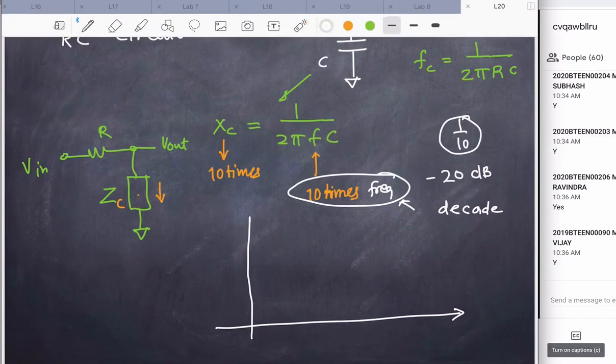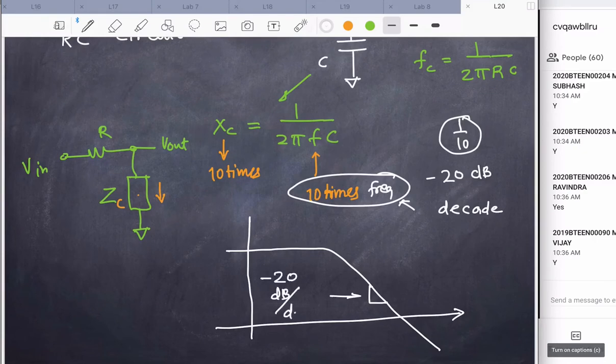So, if we try to draw it, the slope will be minus 20 dB per decade. Everybody understood what is decade, why it is minus 20 dB per decade? Okay, fine.